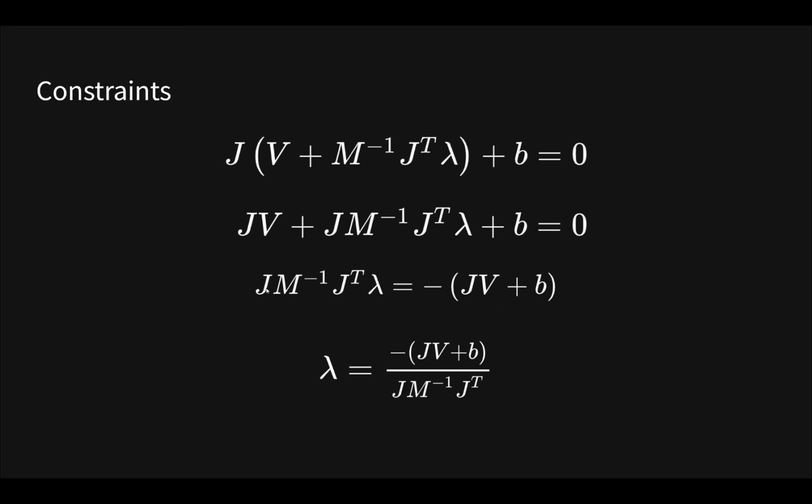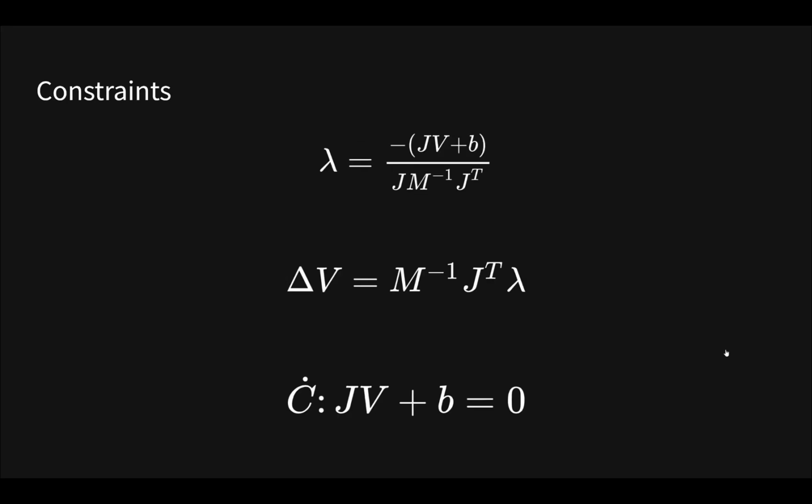And we can realize that this, J times M^-1 times J transpose, is equal to a scalar, so we can just divide by it on both sides, and we get a solution for the Lagrange multiplier, lambda. Now if we apply this change, we can solve the constraint.